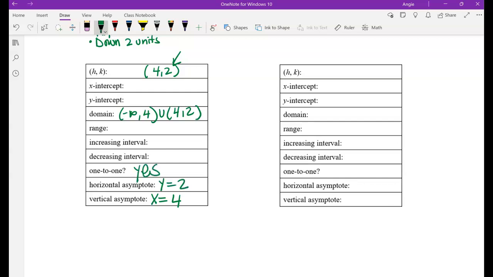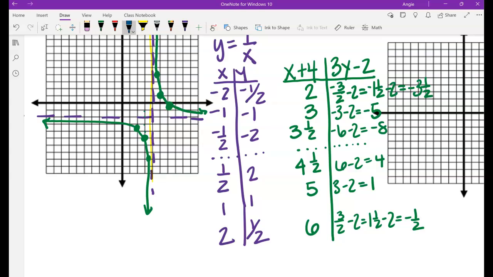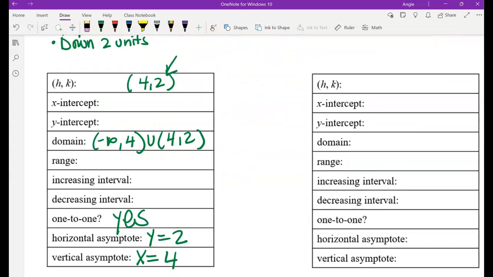It is definitely a one-to-one. Let's see if it's increasing or decreasing. All right, so for increase and decrease, we have to look at our graph, right? Now from left to right, it looks like we are going down and down and down, right? Same thing with this, going down, down, and down. So it's a decreasing function.